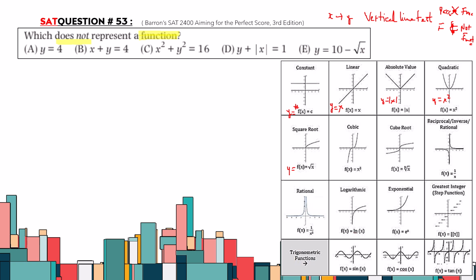If we know those parent functions and how their graphs look, and we're familiar with them, then we see this question as easy. It takes about 10 seconds to read the question and get the right answer, because we already know the parent functions. A parent function is the most simple version of that type, and it's already a function.